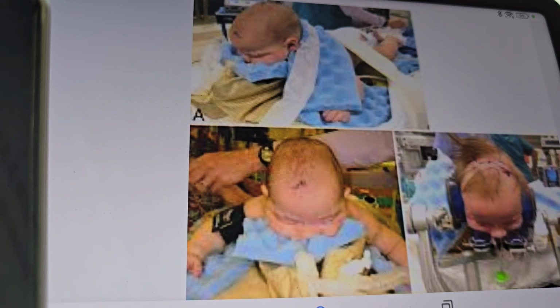With endoscopic suturectomy, the only downside most of the time is the need to combine the surgery with the post-operative use of a remodeling helmet for 4 to 6 months. This is the only downside. Otherwise, in open craniectomy, you don't need the helmet, or the need is decreased.